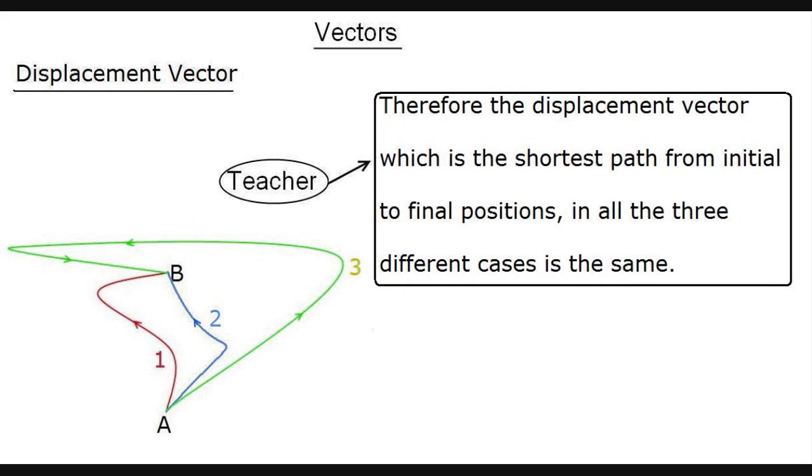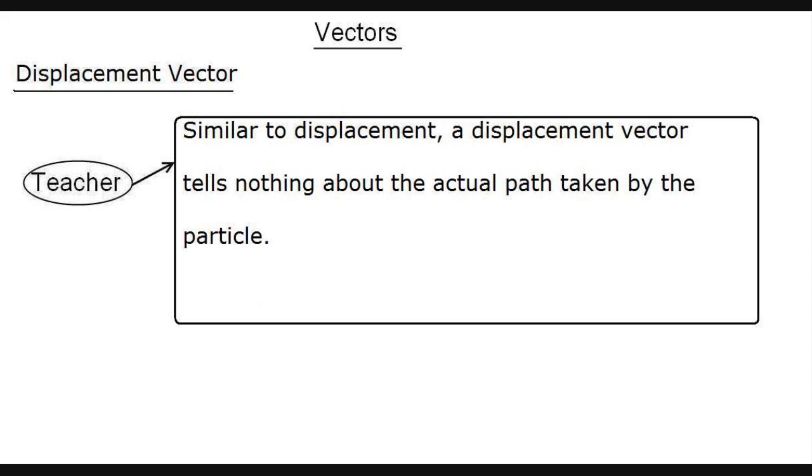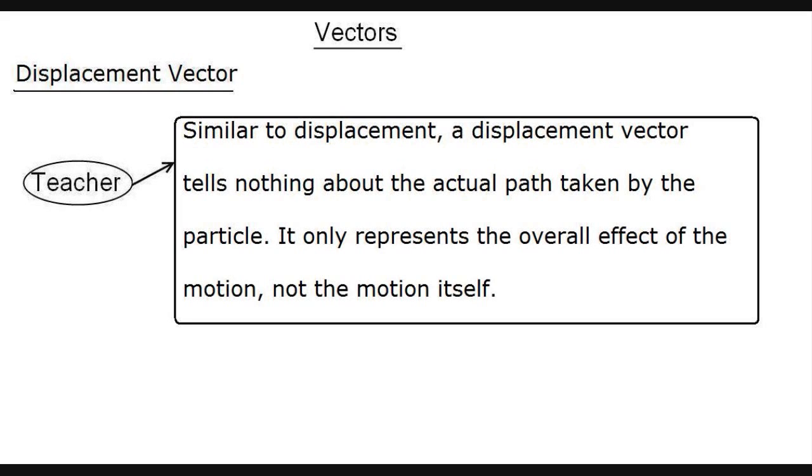Therefore, the displacement vector, which is the shortest path from initial to final positions, in all the three different cases is the same. Similar to displacement, a displacement vector tells nothing about the actual path taken by the particle. It only represents the overall effect of the motion, not the motion itself.